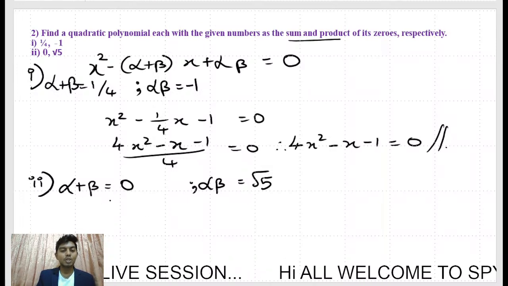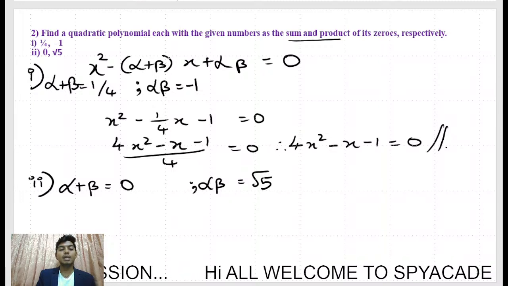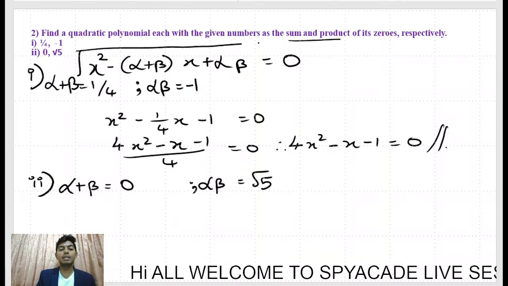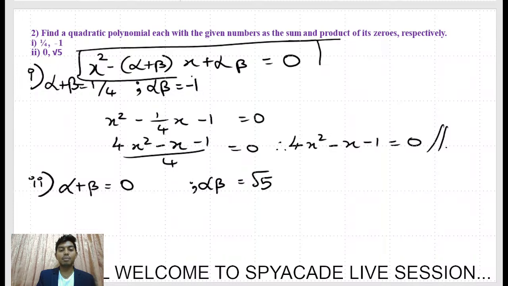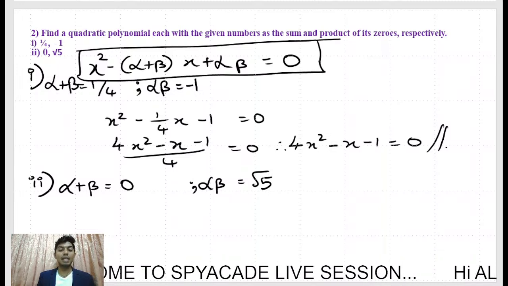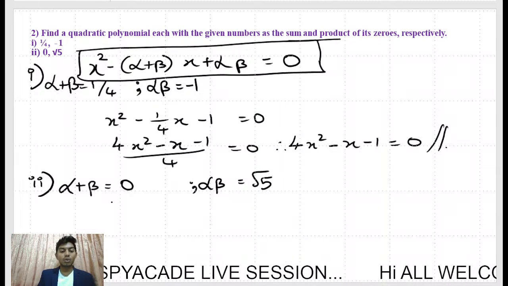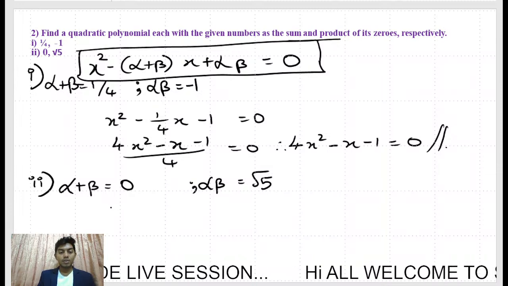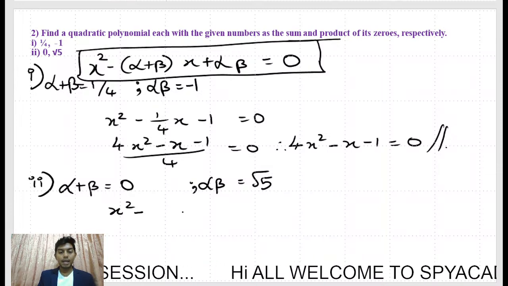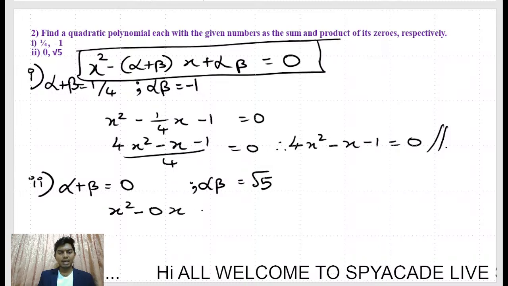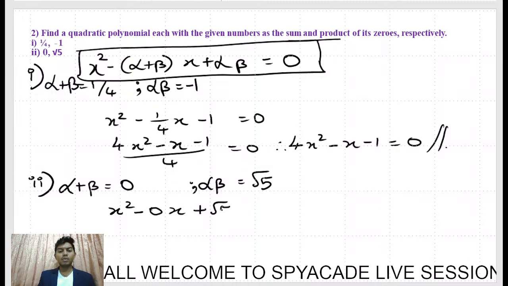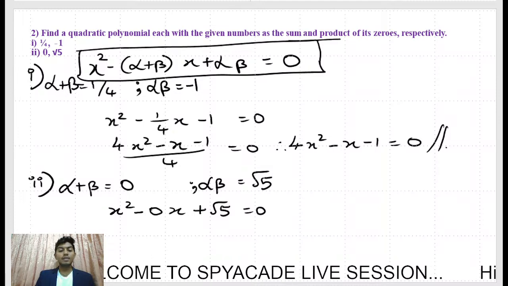So just substitute in the same formula. Please make a note of this: x square minus (alpha plus beta) into x plus alpha beta is equal to 0. So just substitute it here: x square minus 0x plus root 5 is equal to 0.